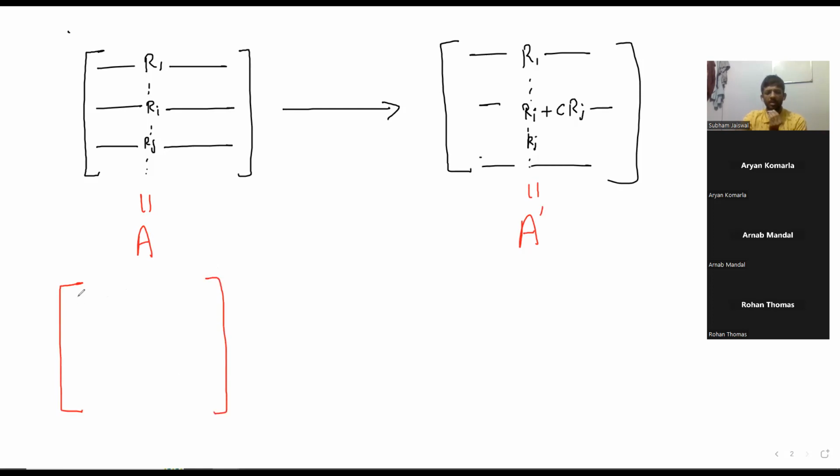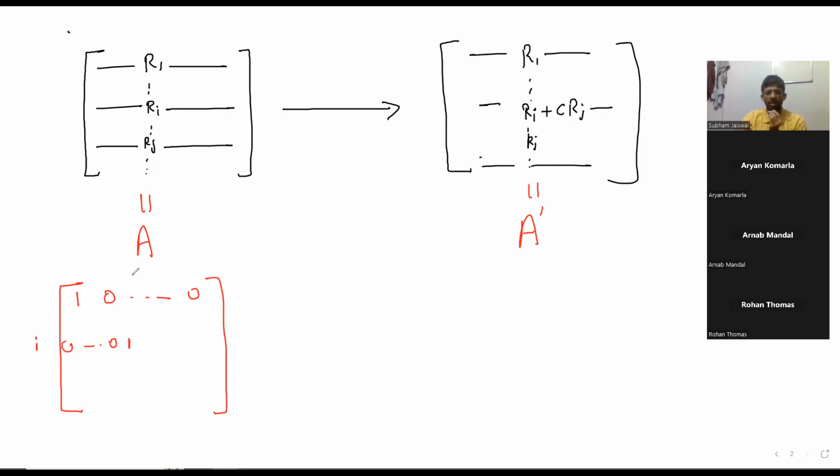This matrix is almost the identity matrix, but just that in the ith row there is an interesting thing.